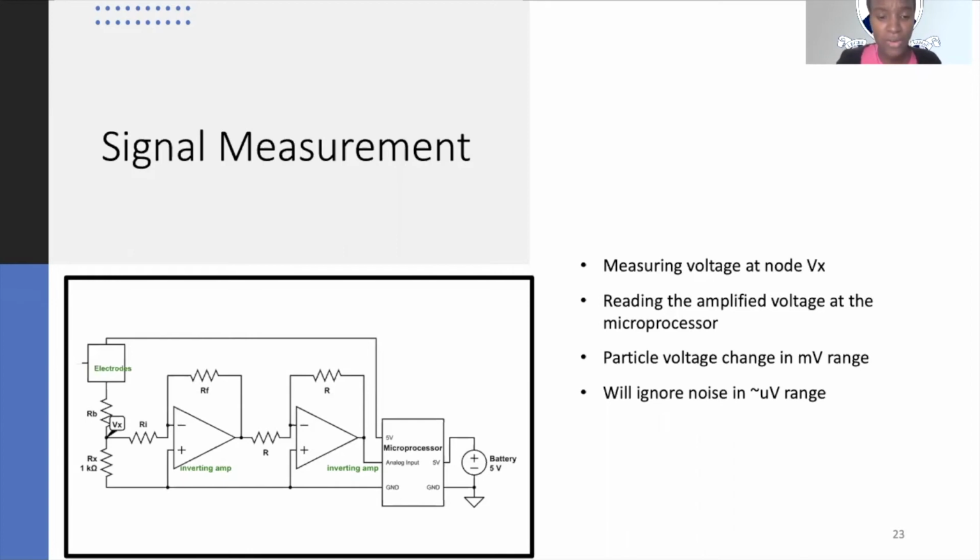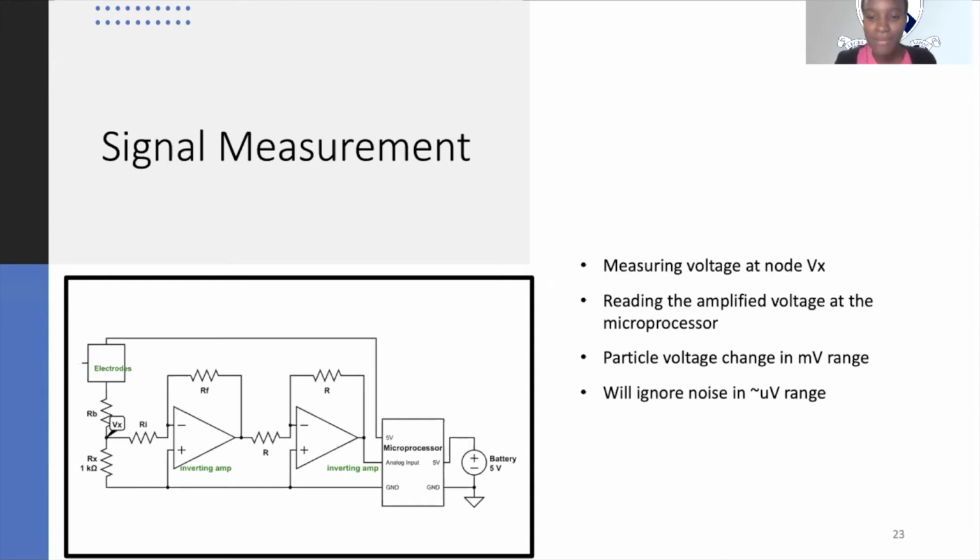So once they're at the microprocessor, we can back calculate the change in resistance, which tells us the size of the particle. And after that change of resistance is recorded, we can also increment the count. So as each particle is passing through, we're incrementing and so getting the number of plastics passing through the electrodes.